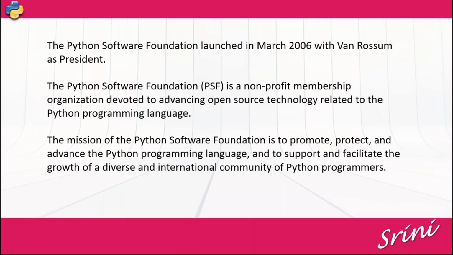Our software industry doesn't adopt open source technologies that quickly unless they are proven. In open source, several wonderful technologies are given, but the open source communities don't provide support.